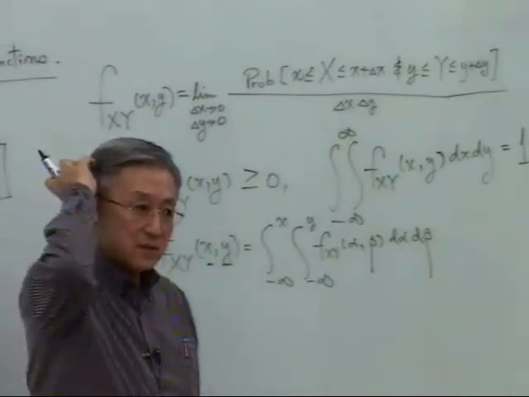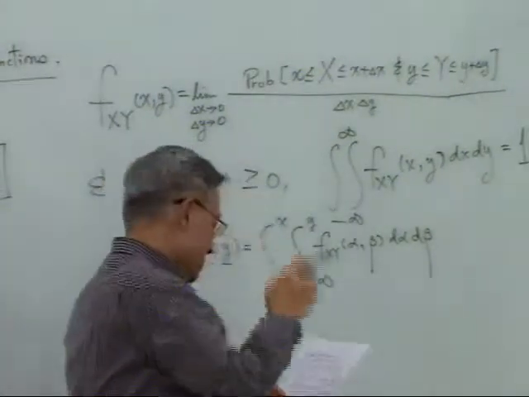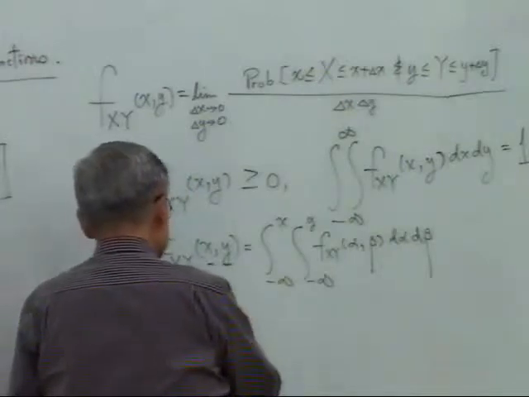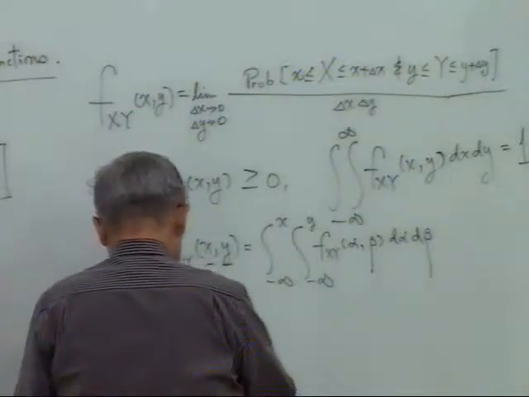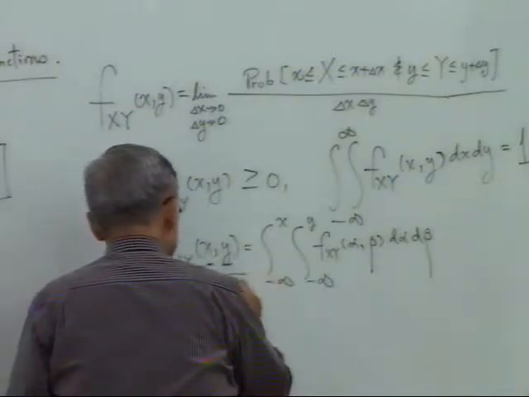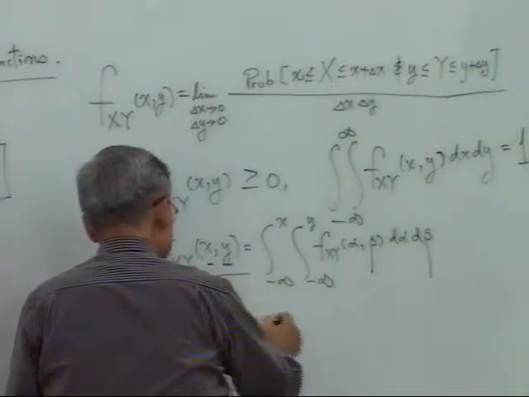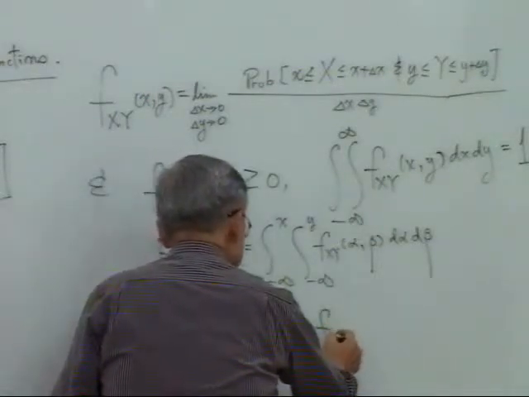This is still the definition for the joint probability density function. So now from here you can derive f XY.